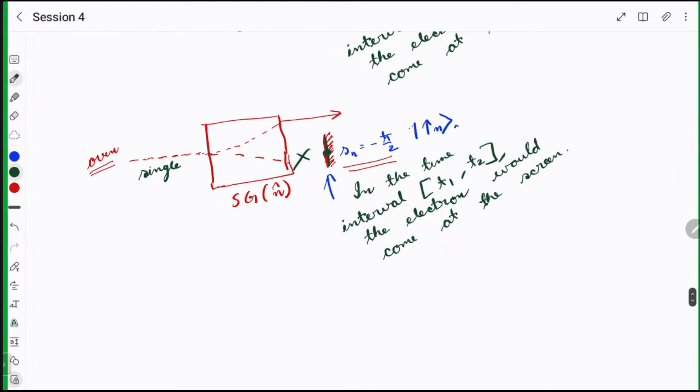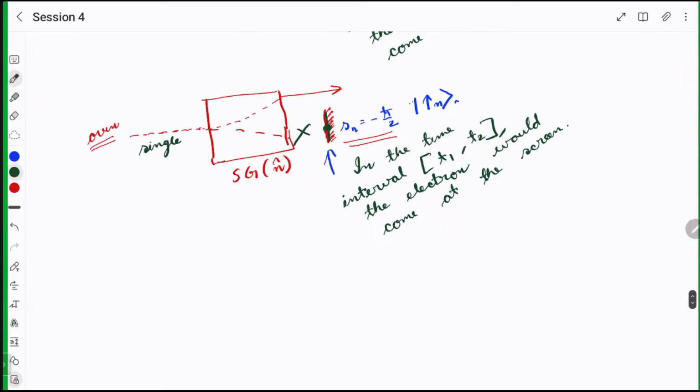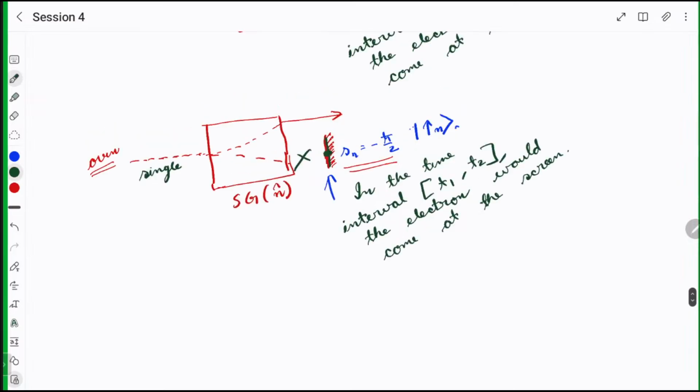Okay, then I will conclude that since it has not come here, it has gone there, right? So the absence of the electron here is now the measurement. This approach works because there are only two outputs. Okay, if there were more outputs, then this would not have worked.